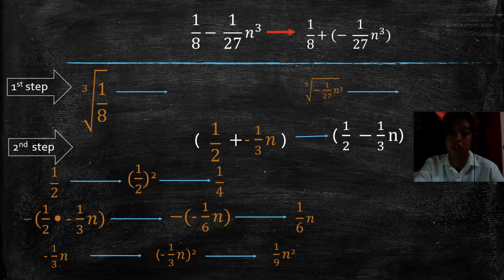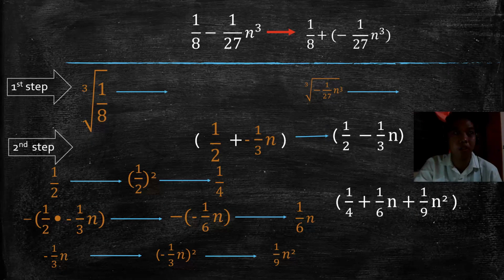Then, n times n, we have n squared. So, meron na tayo. So, we can now combine them through addition. So, we have 1/4 plus 1/6 and plus 1/9 n squared.